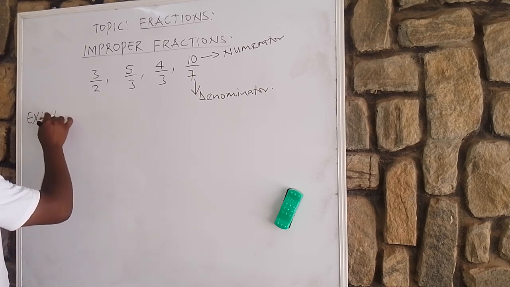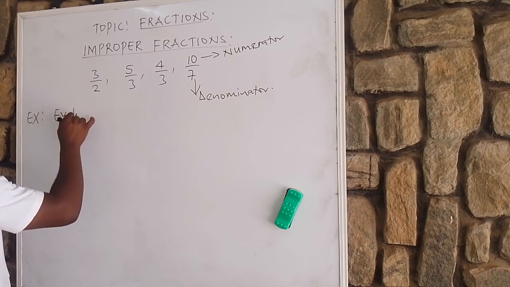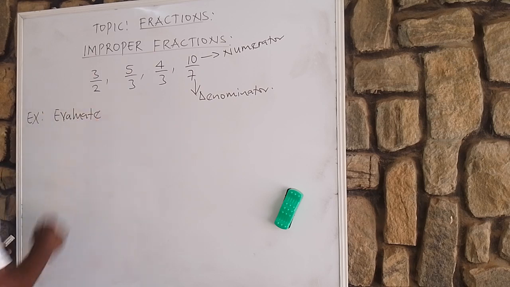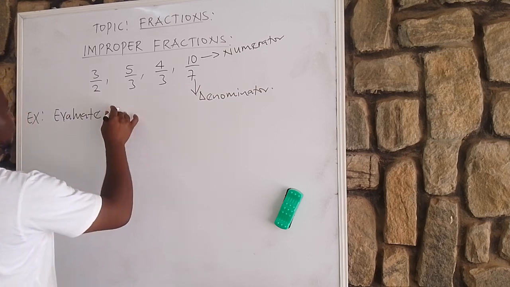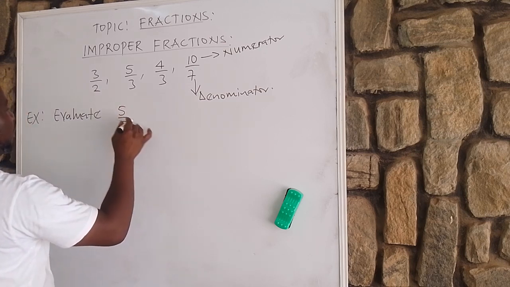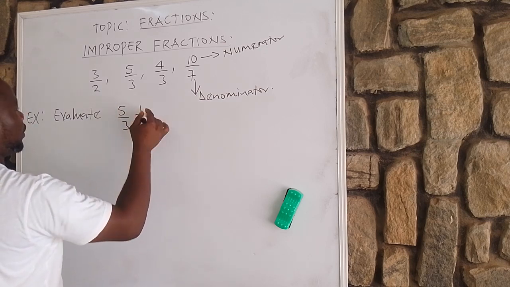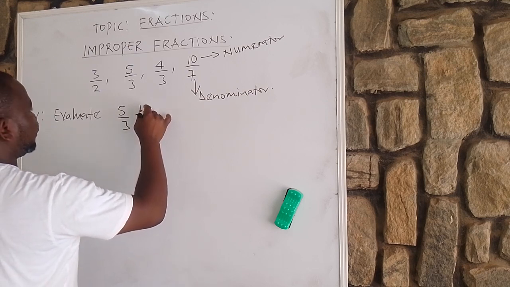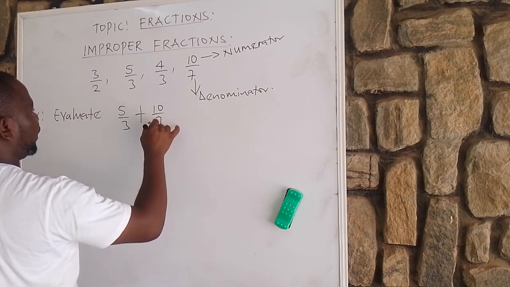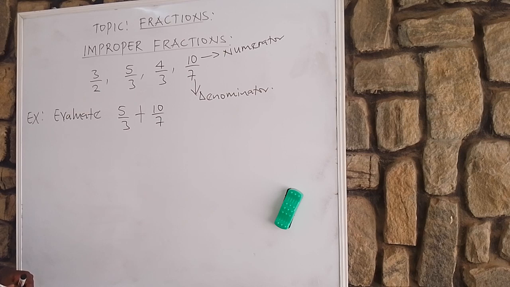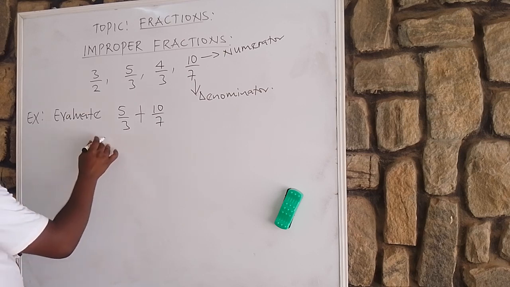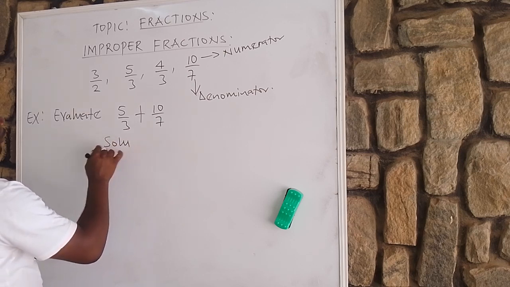Evaluate 5 all over 3 plus 10 all over 7. It's simple as ABC. We write solution.